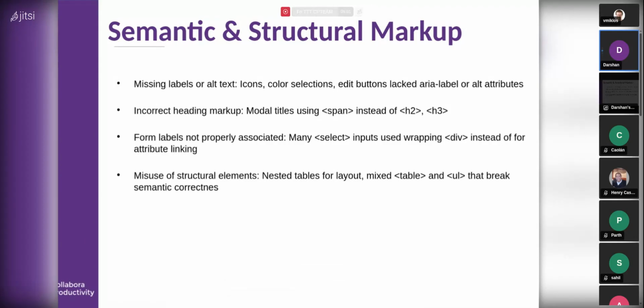There is also a big problem with forms. In many places, the select element, for instance, wasn't directly linked to its label using any attributes. Instead, labels were often tied to the parent division, which is confusing for assistive technologies.